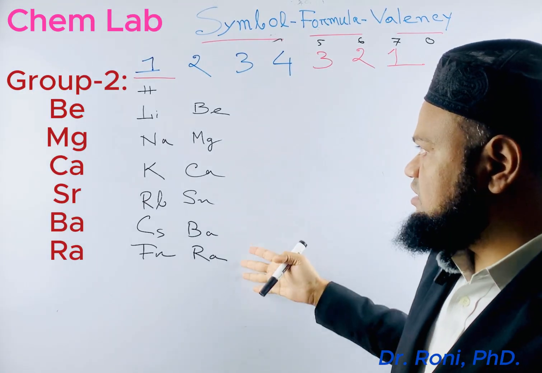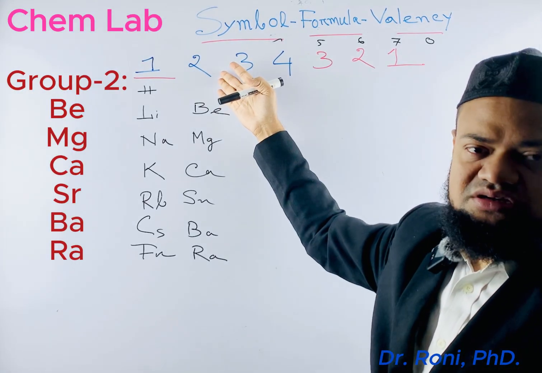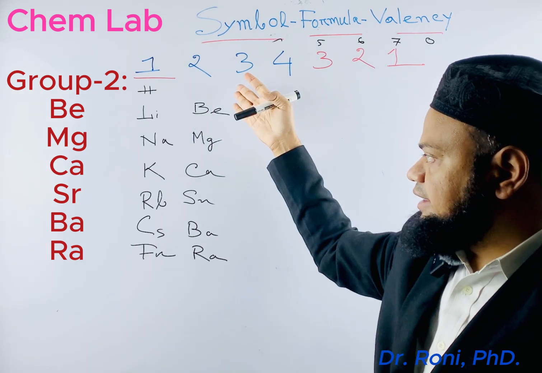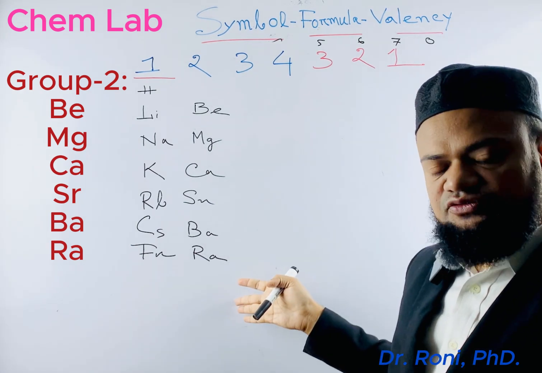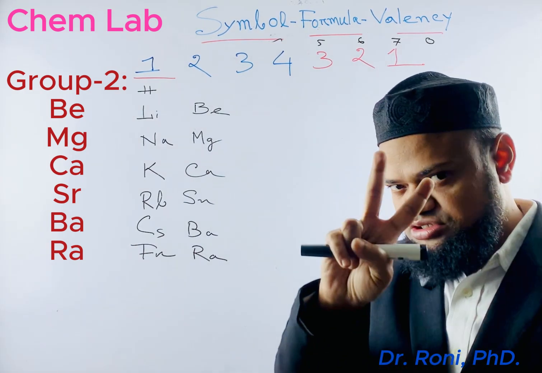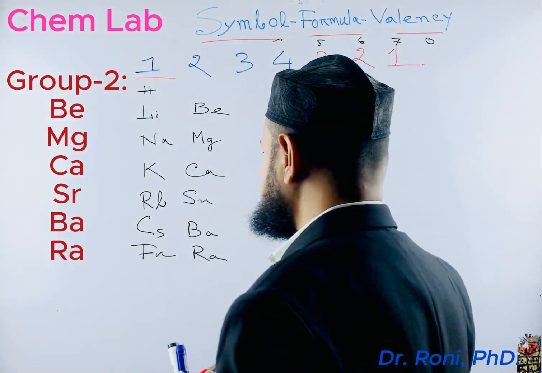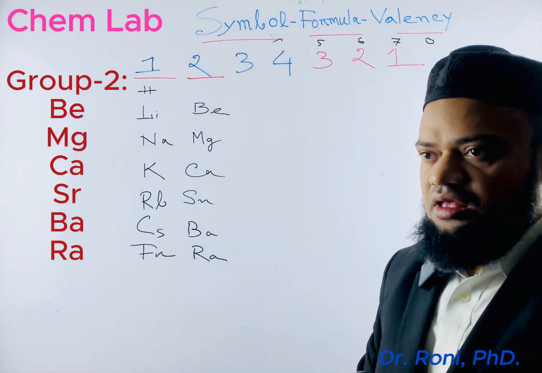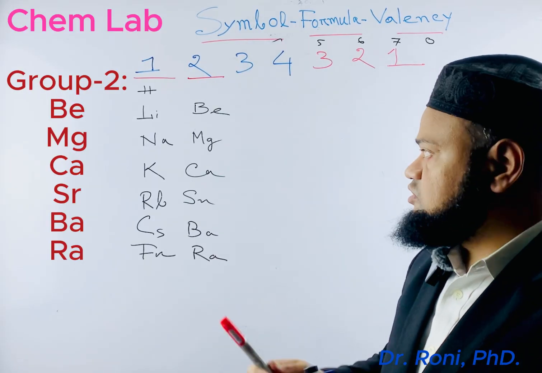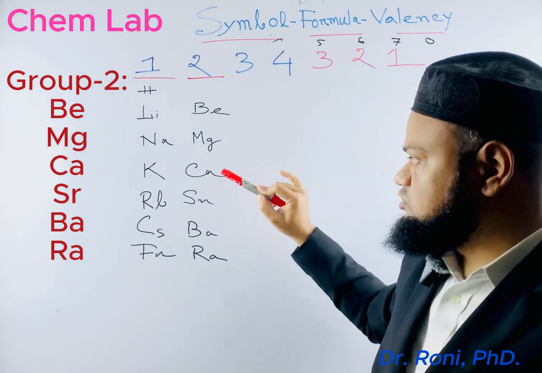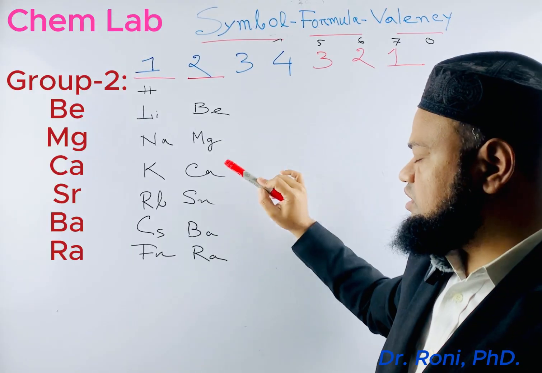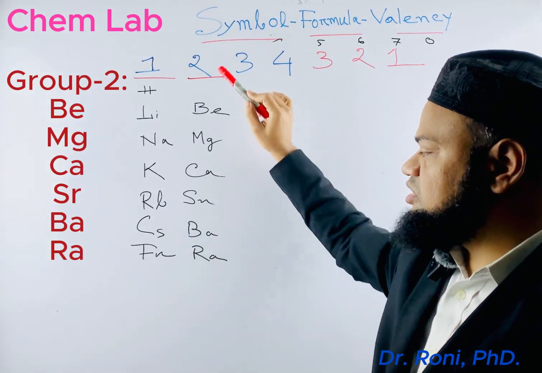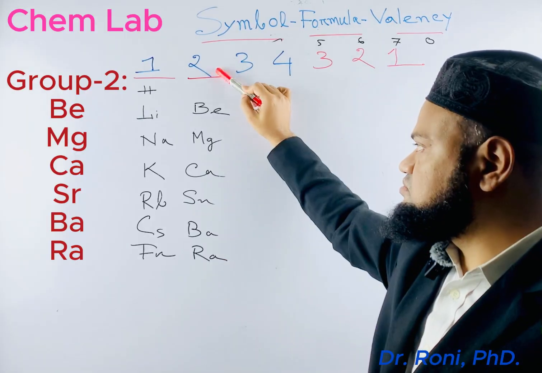So all these elements are under the column 2. That's why the valencies of all the elements are 2. So valency of beryllium 2, valency of magnesium, valency of calcium, valency of strontium, valency of barium, valency of radium. Clear?